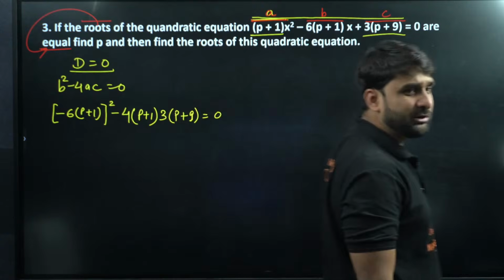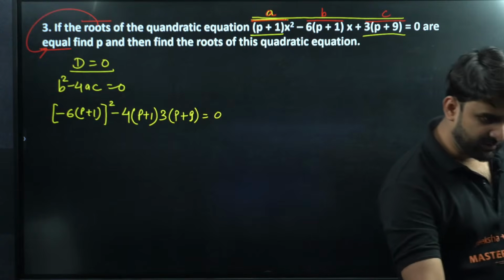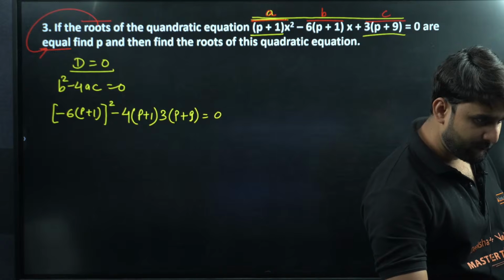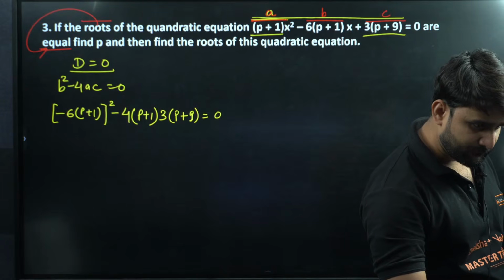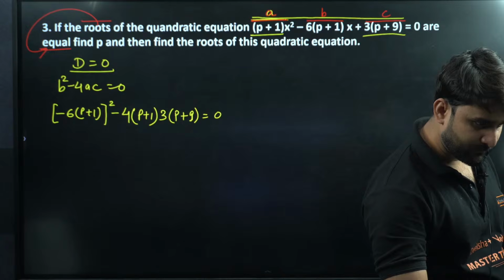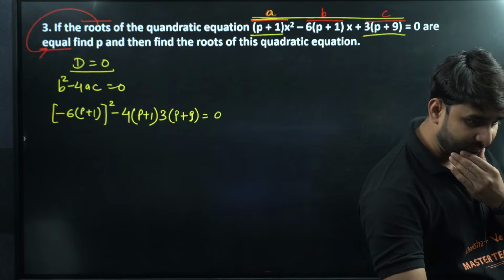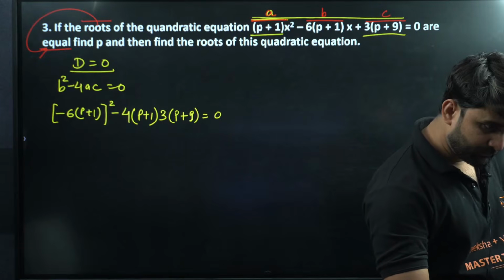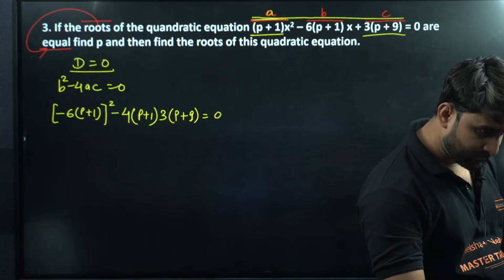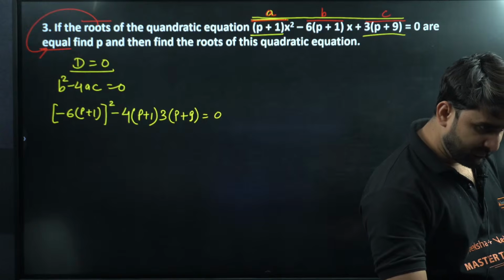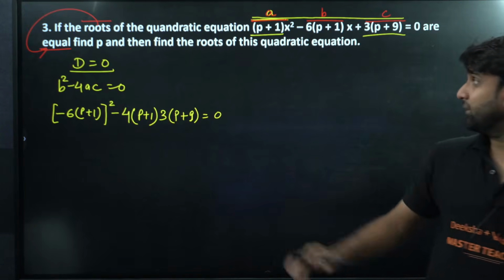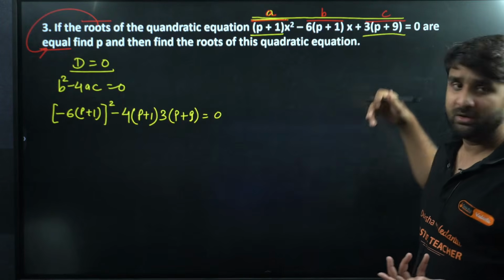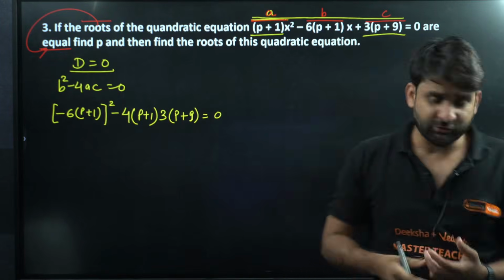Is this P plus 9 or P plus Q? Let me confirm again in the question, guys. Let me confirm whether this is P or 9, because the data entry operator may also have made a mistake here.